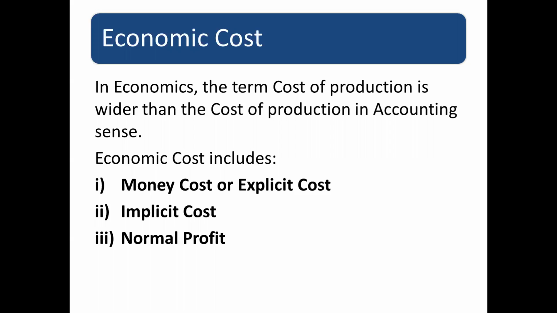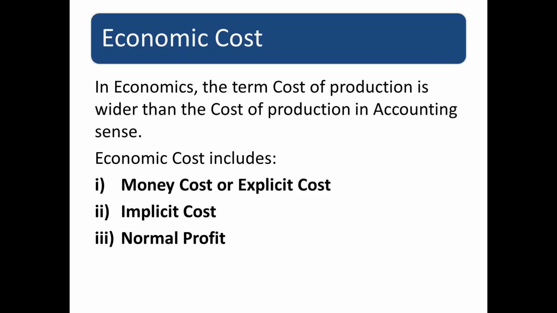In accounts, we say it is a profit, whatever little. But in economics, that minimum reward is estimated and included in the fixed cost. That profit has to come, without it the business will not run. That means normal profit is the minimum reward that a producer expects from the business, without which he will not run the business. Therefore, when we talk about economic cost, there is some element of profit included in the cost.